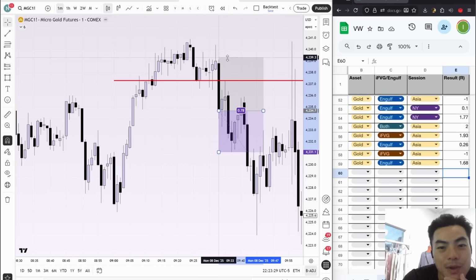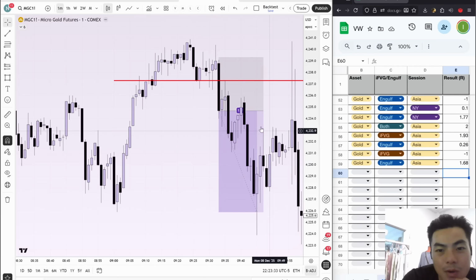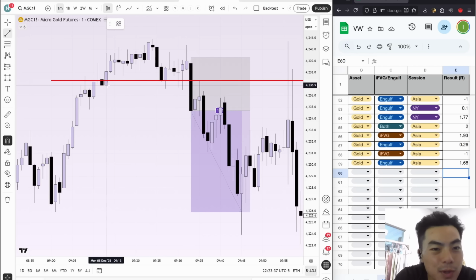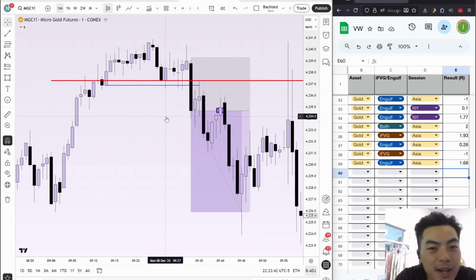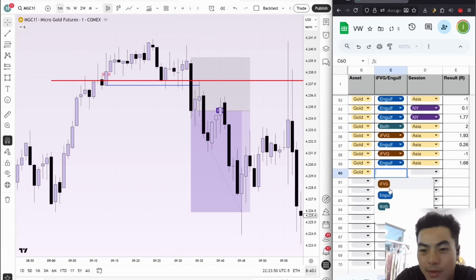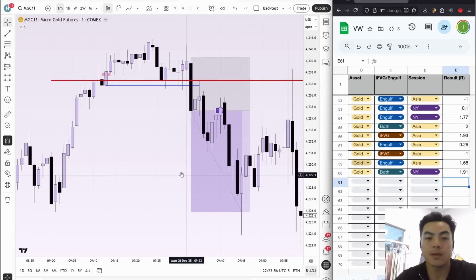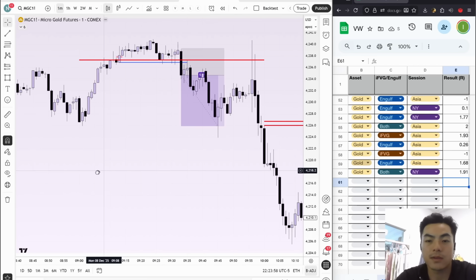So stop would go there, targeting these lows. 1.9R. Your entry model is we do get an engulfing candle over the one that sent us above the POI. And I'm sure there's a bunch of gaps in there. So I consider that a both entry. New York, that's at 1.9. Nice.